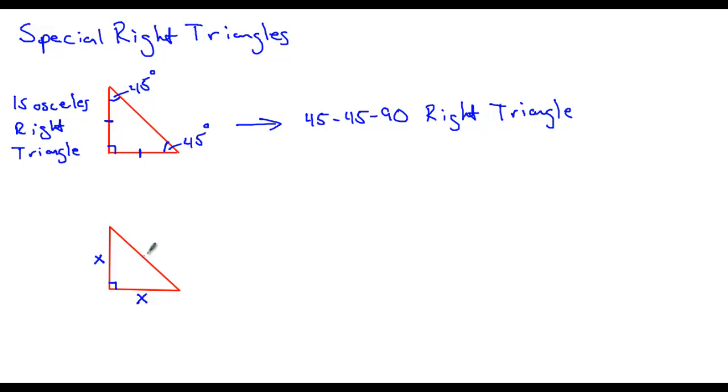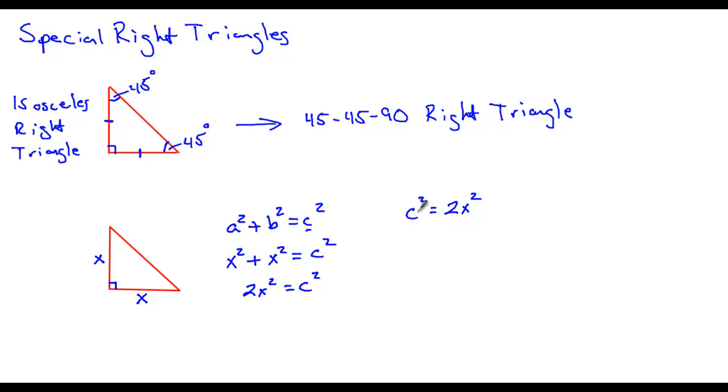Now, if we wanted to find this third side, this hypotenuse, by the Pythagorean theorem, a squared plus b squared equals c squared, it would be x squared plus x squared equals c squared. x squared plus x squared is 2x squared, so c squared equals 2x squared.